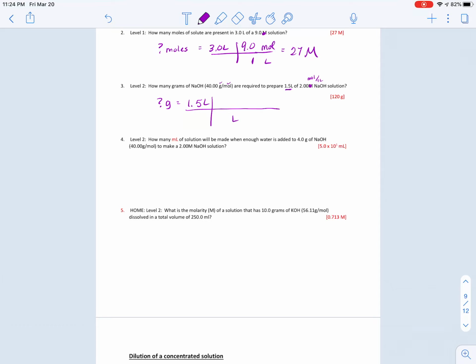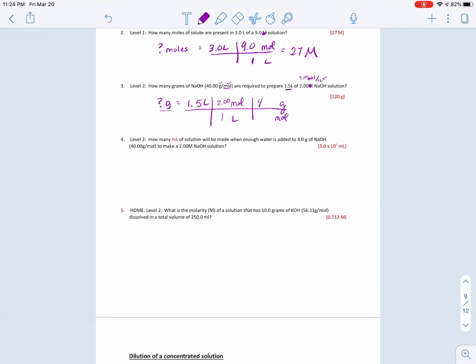1.5 liters. All right, so again, I'm not putting the numbers in yet. So I want to go from liters, and I do have a liters over here that goes to moles. And then if I look at my other conversion, I have a moles on bottom, and then they go into grams. Oh, look, that's what I want, so that's good. I'm going to plug my numbers in.